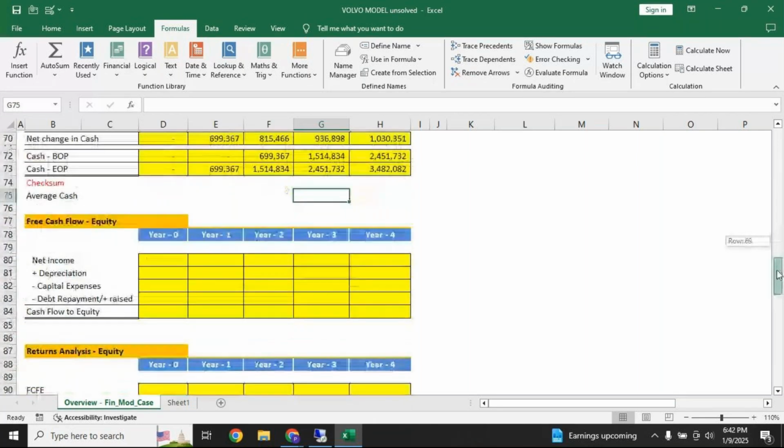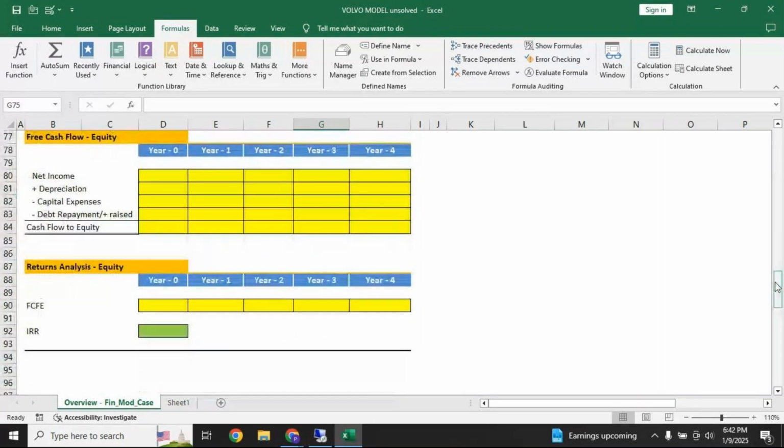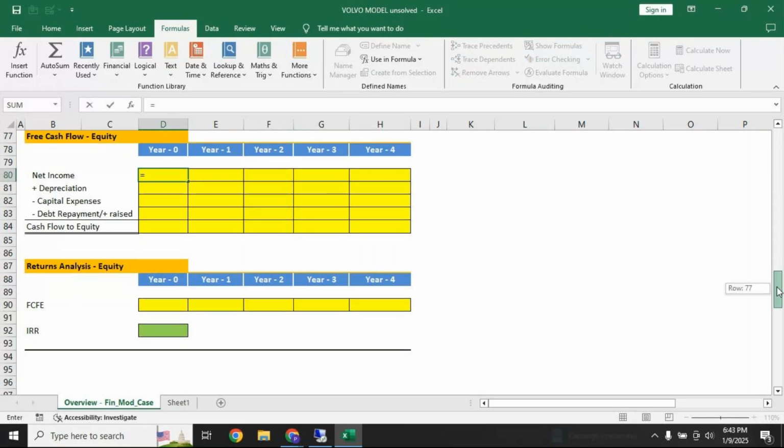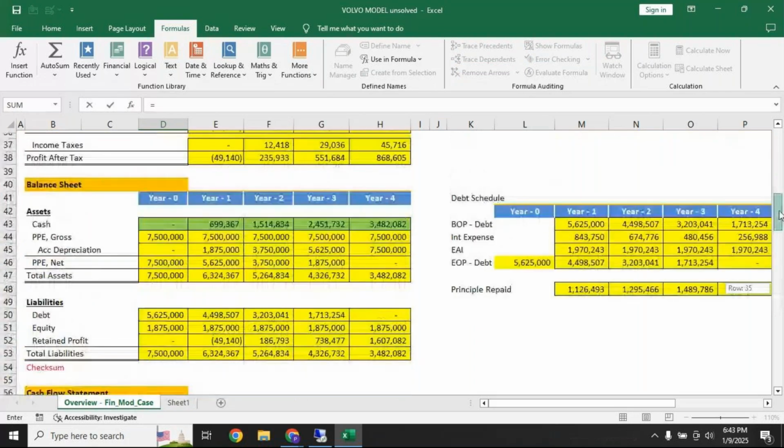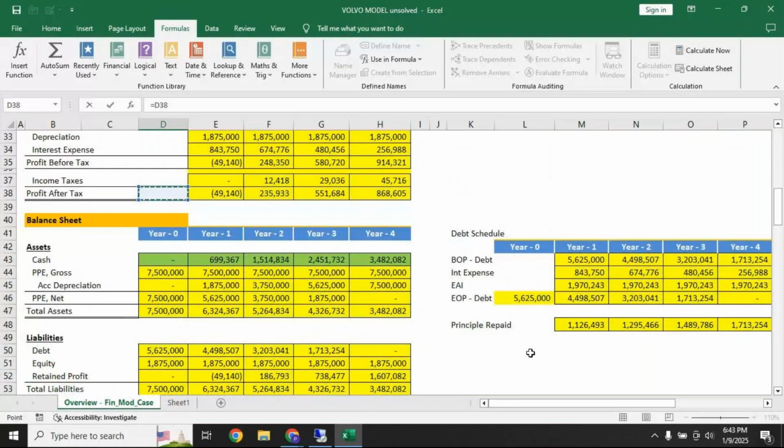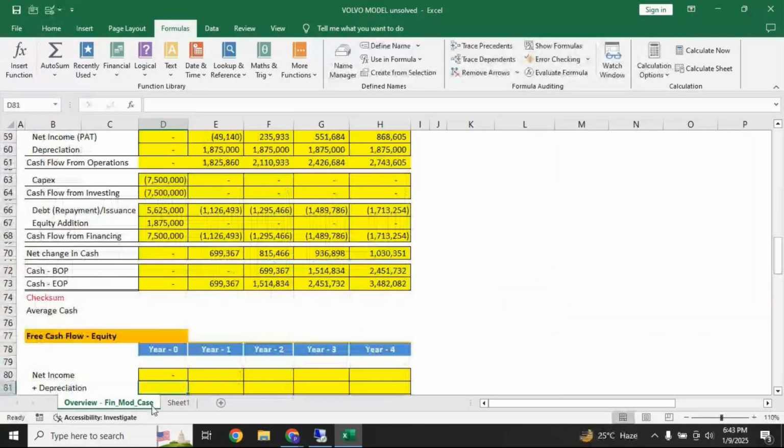Coming to the free cash flow. So net income, that is profit after tax. I have to bring the values over here.